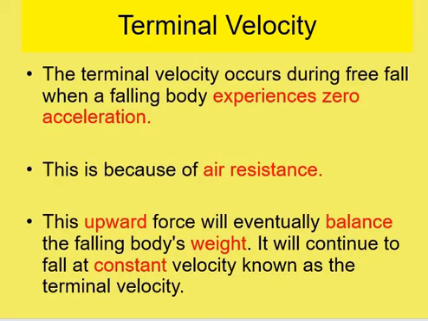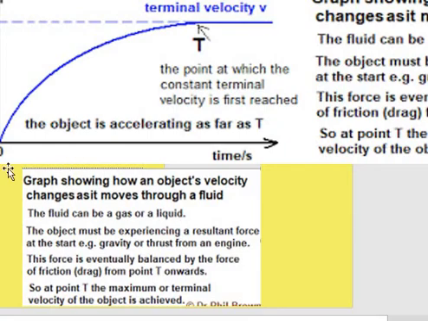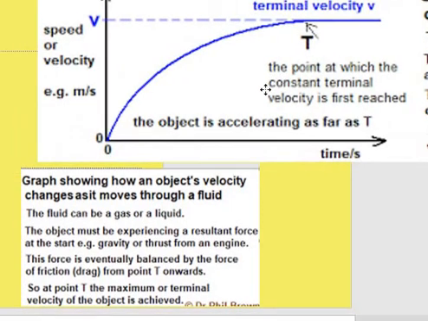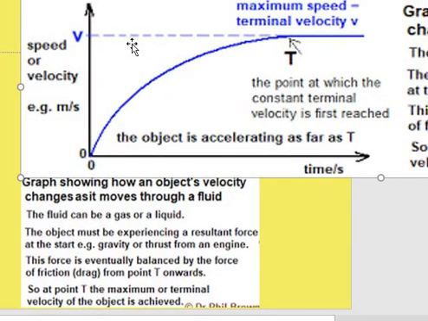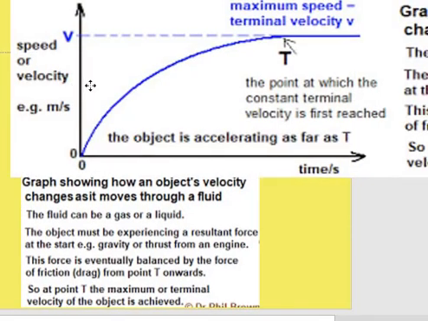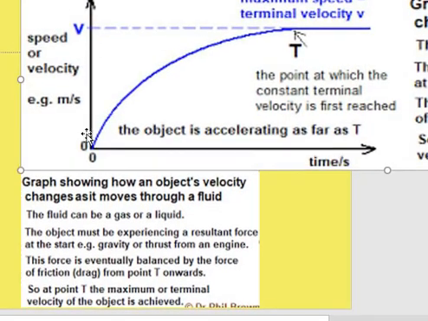And then looking at the graph for terminal velocity, what we can see here is that an object first starts increasing in speed because the downward force is greater, that is gravity. At what point would this person then have opened the parachute? Probably as soon as we can see a slowdown in acceleration.